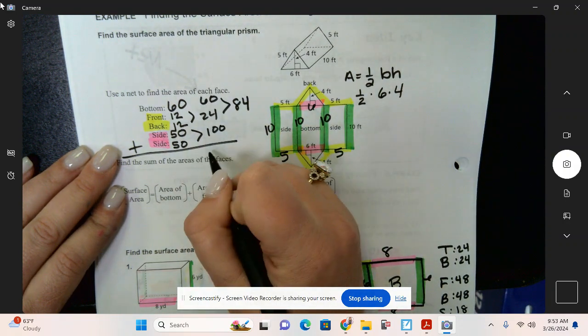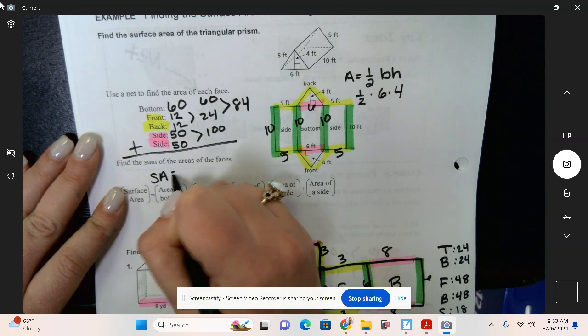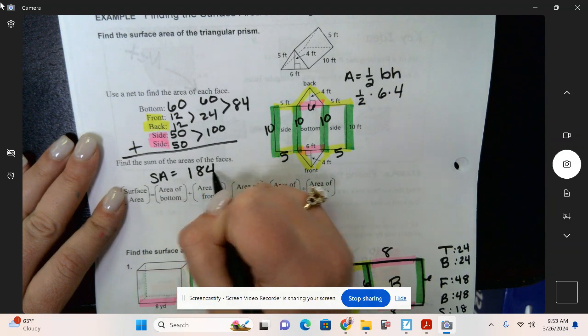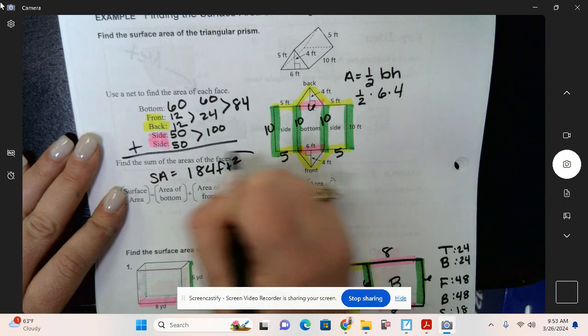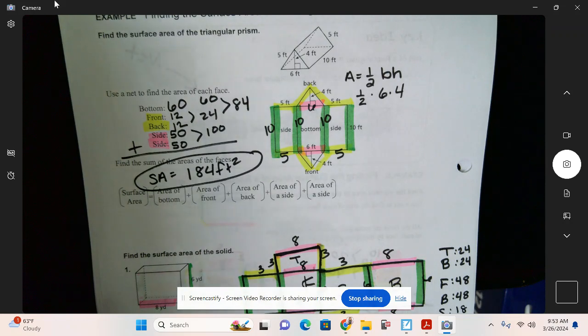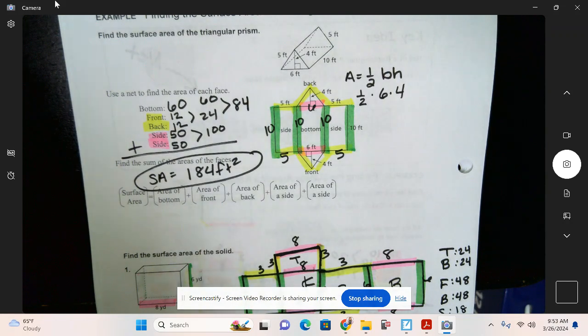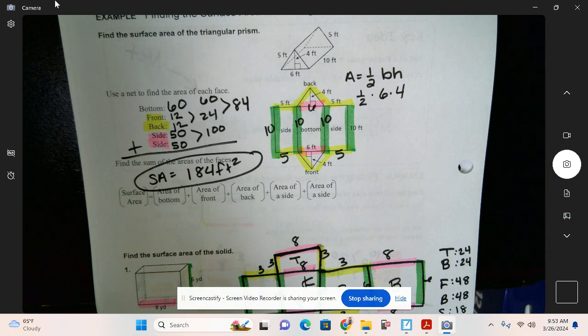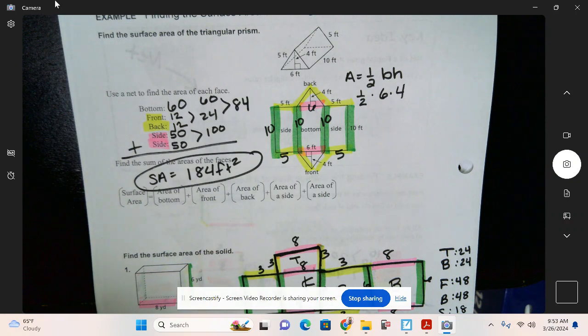So it gives me a surface area of 184 feet squared. This is easy. We all thought it was going to be hard. It's basically the same thing, except you're only short. All right, flip it over.